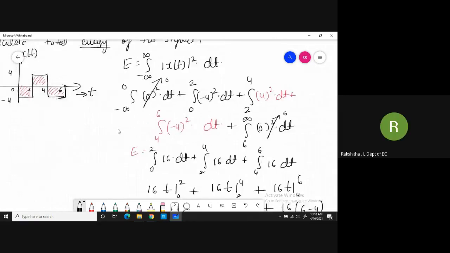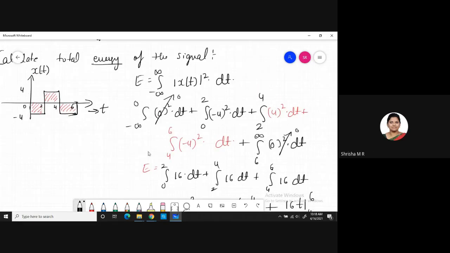So they're asking you to find the energy of this signal. The signal is existing from 0 to 6 with amplitude +4 and -4 accordingly. So energy is equal to integration -infinity to infinity x of t square into dt.